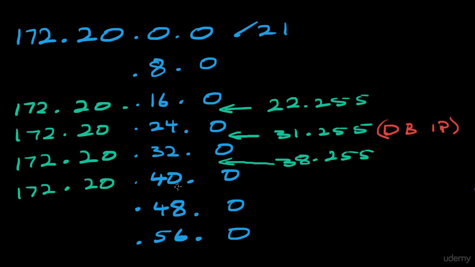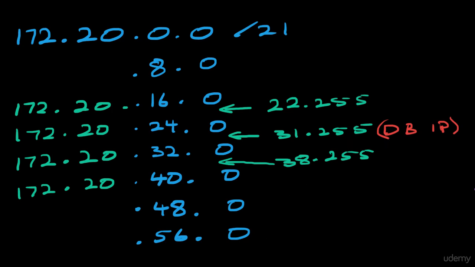Now, if we went back one from 40, what we would get is 39.255 being the directed broadcast of the 32 network. That's not this. I should have noted earlier that 22.255 is not directed broadcast either, because if the network ID is 24, if you went back one, the directed broadcast for the 16 network would be 23.255. So only 31.255 is a directed broadcast IP so far.